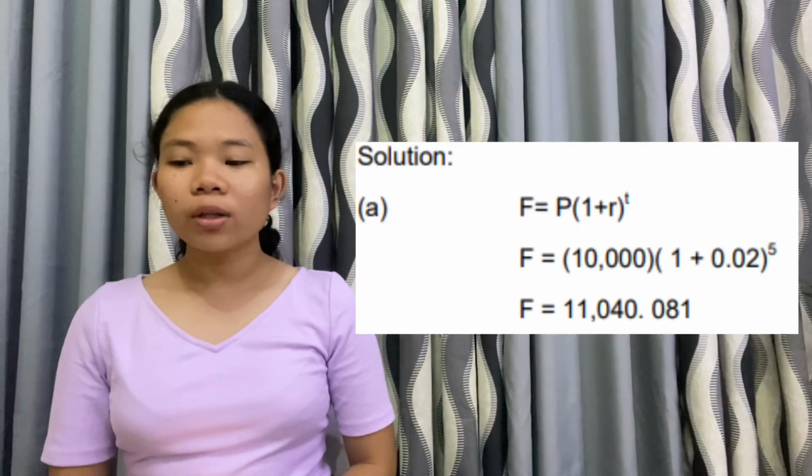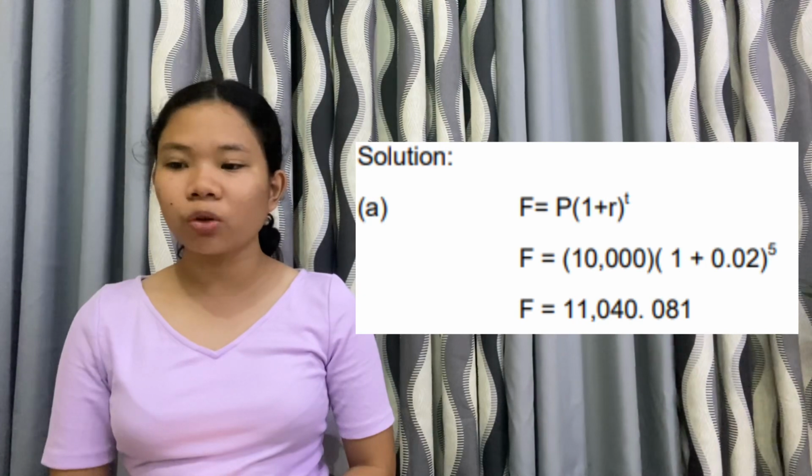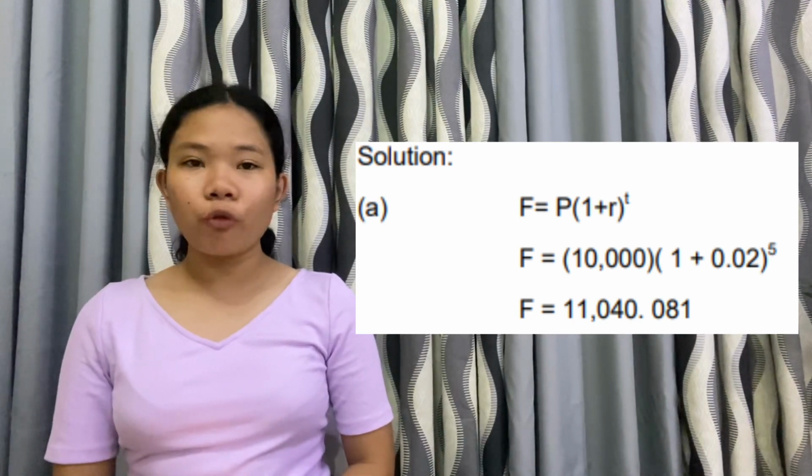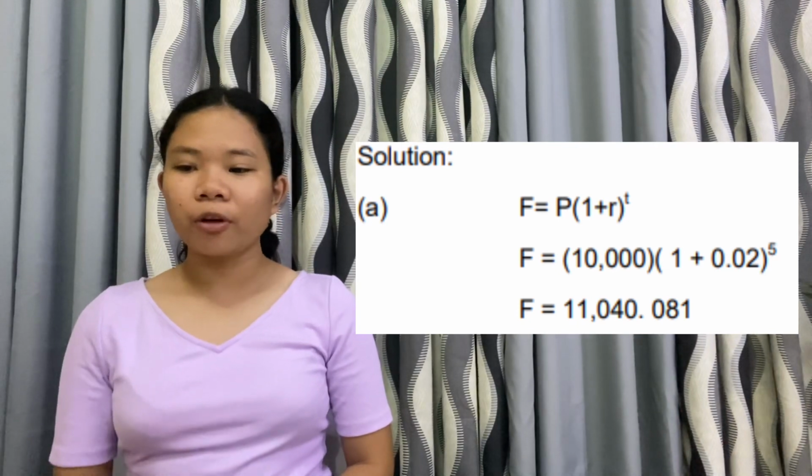Since the formula for finding the future value is F equals present value times the quantity of 1 plus R raised to the power of T, therefore F equals 10,000 times the quantity of 1 plus 0.02, since 2% of 100 is 0.02, raised to the power of 5.